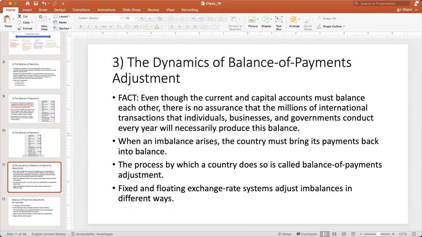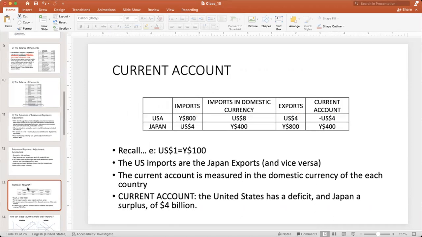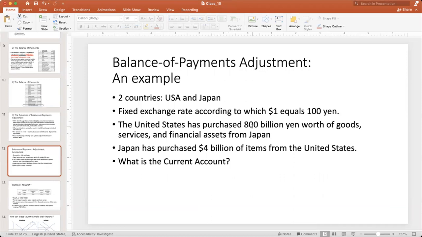So given that we are talking about goods and services here, we can translate these two economic transactions made by the United States and Japan into the current account of the United States and Japan. So let's begin. First we have the imports. Why? Because the United States has purchased goods and services from Japan. So those goods and services have been produced in Japan.